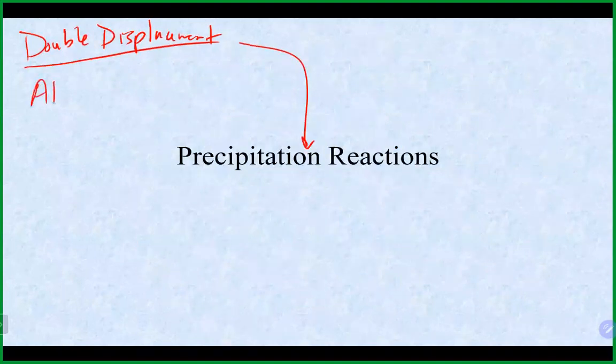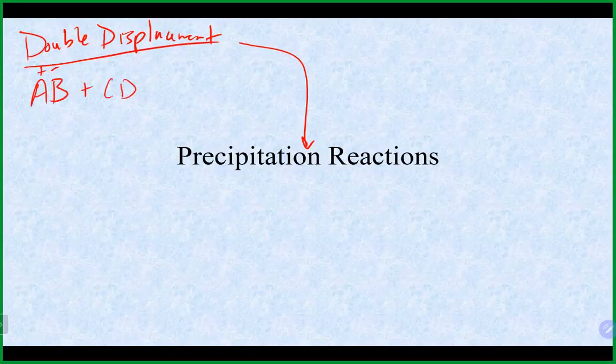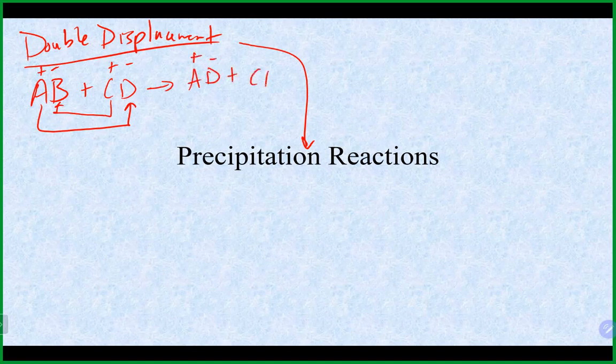So in this case, when we have our two ionic compounds, these guys will switch partners. One of these guys will end up making a solid, which is known as a precipitate, sometimes abbreviated PPT for precipitate.